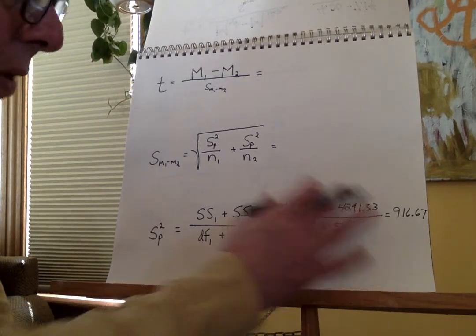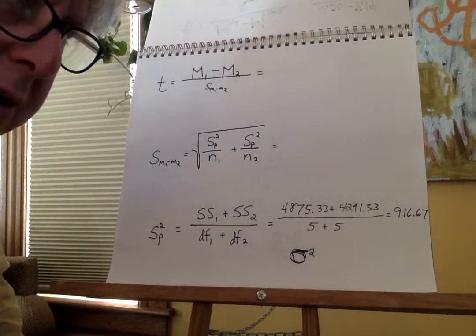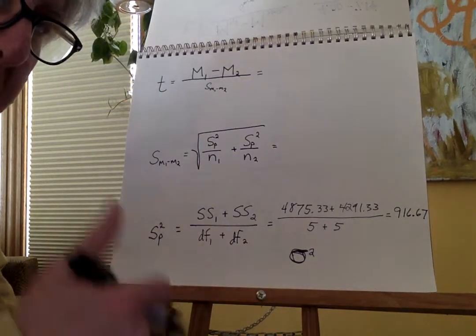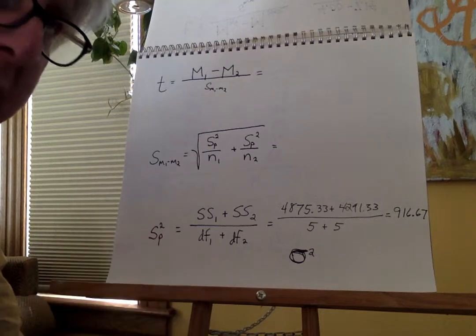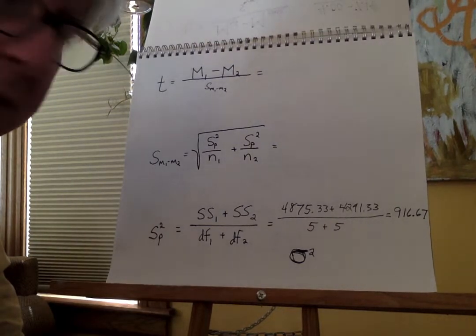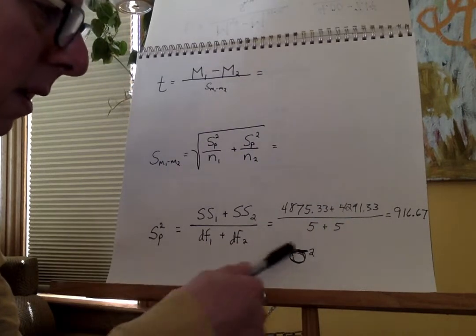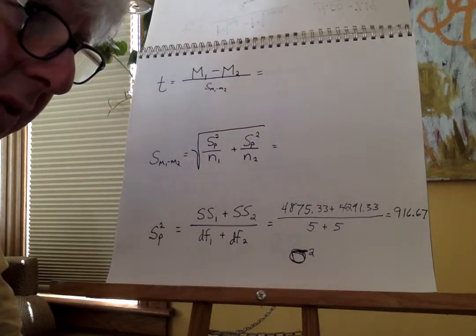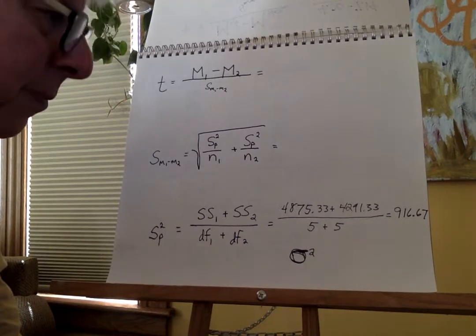So we make that assumption because, remember the two things. If we fail to reject, then both these samples are coming from the same population, right? So these should represent some good guess about sigma. So we're going to pool them together.